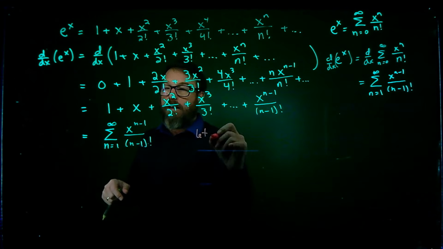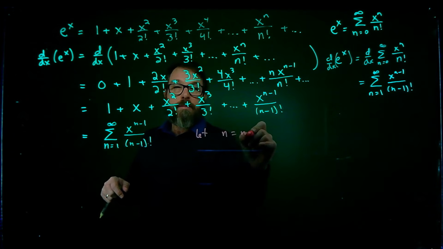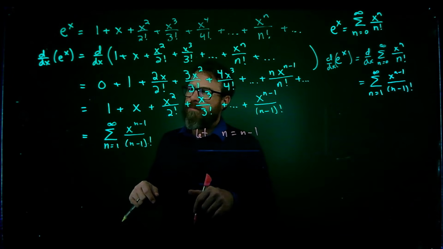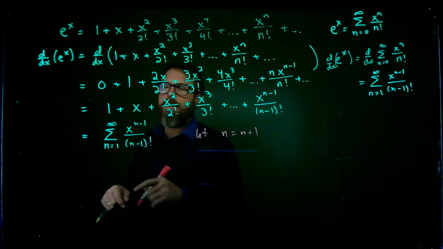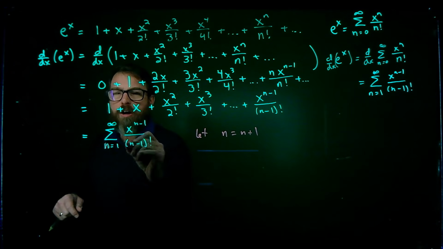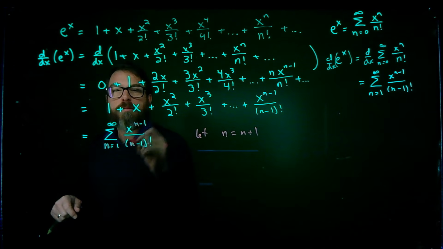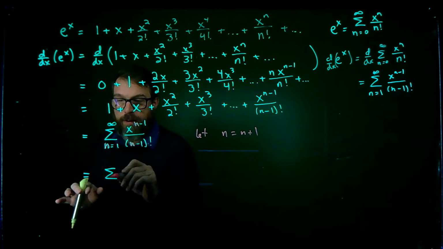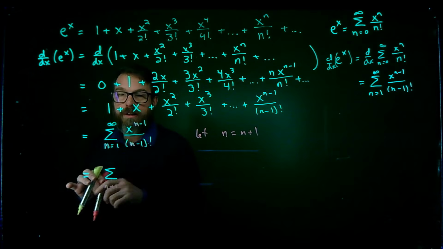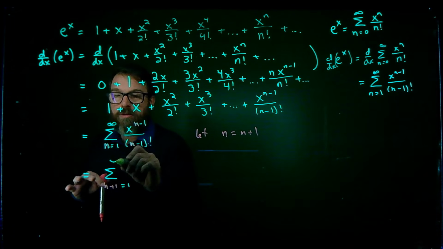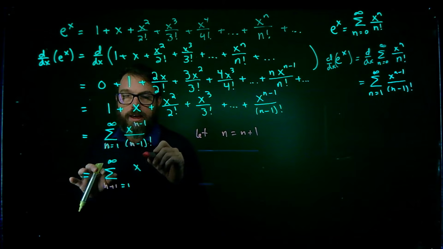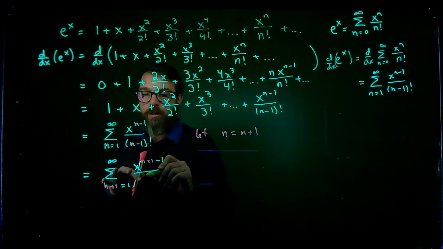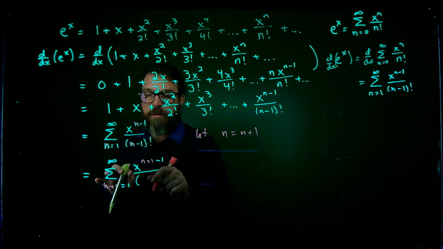So I'm going to let n equal n minus 1. I'm going to stuff in n plus 1 into all these n's. So all these n's right here, I'm going to substitute for n plus 1. So this is going to be the summation with n plus 1 equals 1 to infinity of x to the n plus 1 minus 1 all over n plus 1 minus 1 factorial.